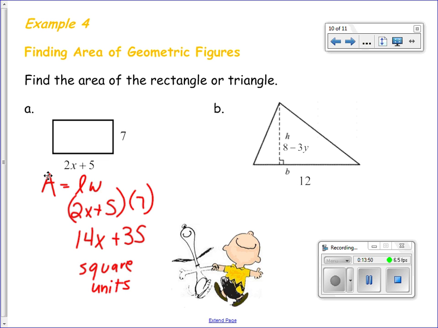Now we're going to use the formula to determine the area for a triangle. Area is equal to 1/2 base times height is your formula to use to determine the area of a triangle. So we're going to do 1/2 times the base, which is 12, times the height, which is 8 minus 3y.